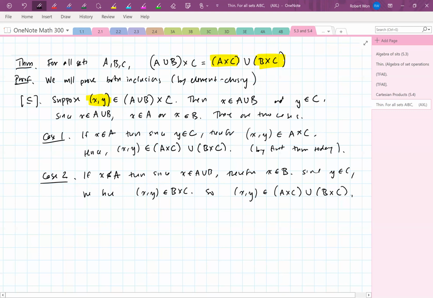In either case, we took the element x comma y that was in A union B cross C, and we found it, no matter what the case was, in the right-hand side set. So we have shown A union B cross C is a subset of A cross C union B cross C.